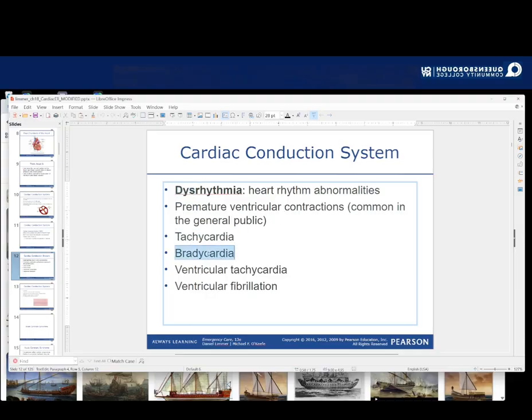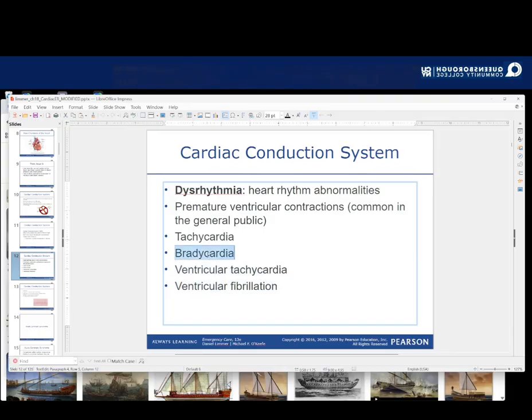You've heard of tachy and brady, too fast, too slow. You've heard of ventricular tachycardia, which means the ventricles by themselves are beating way too fast. You've heard of ventricular fibrillation. Where have you heard these two terms before? In CPR. Because in the CPR lecture you learned that these two rhythms are the only two that are shockable.